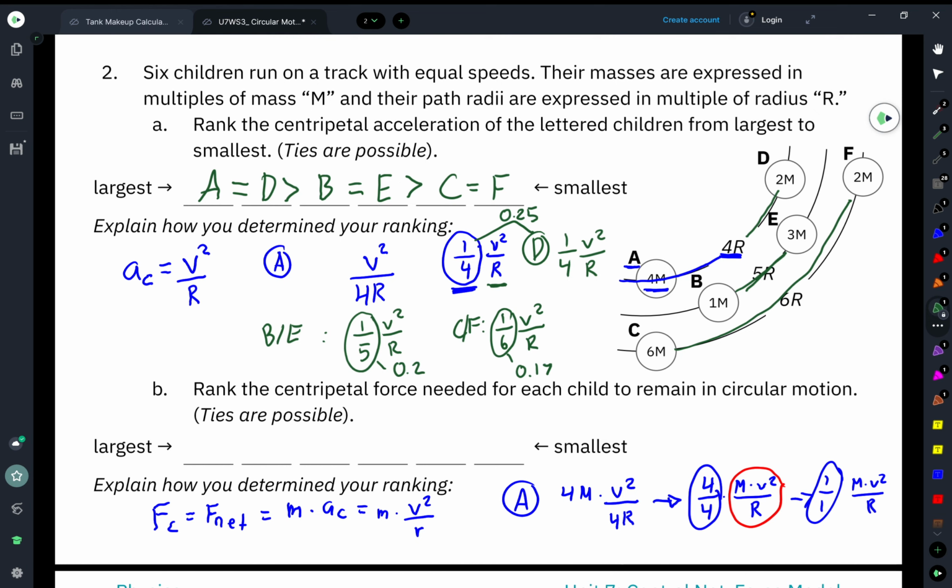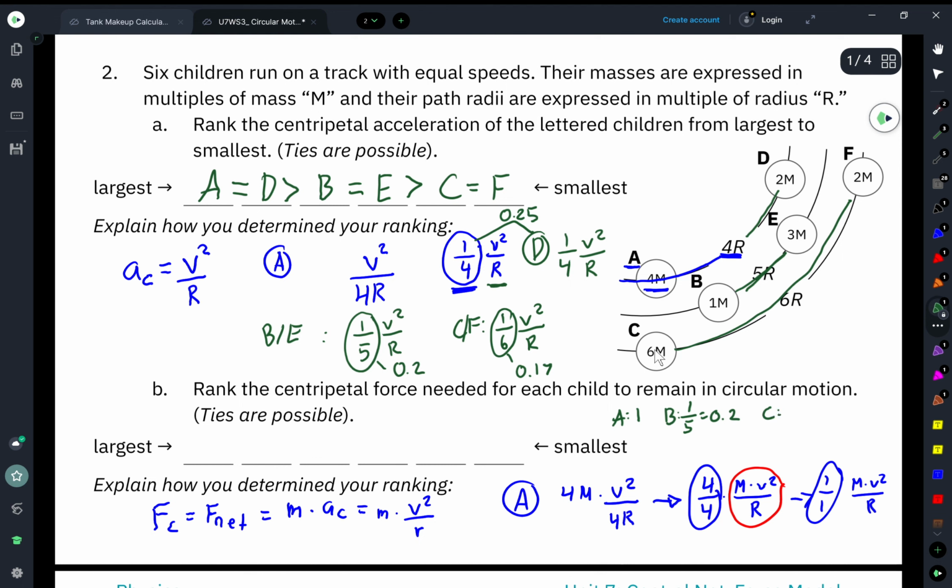The mass times the velocity squared divided by the radius. At this point, we're just going to be comparing the ratio between the mass and the radius to determine who has the biggest centripetal force needed to remain in circular motion. So A, we already saw, was going to be 1/1, or just 1. B is going to be 1 mass divided by 5 radius, or 0.2.